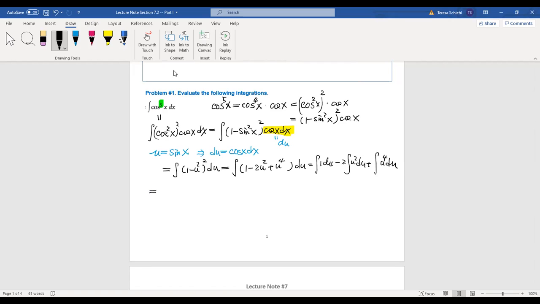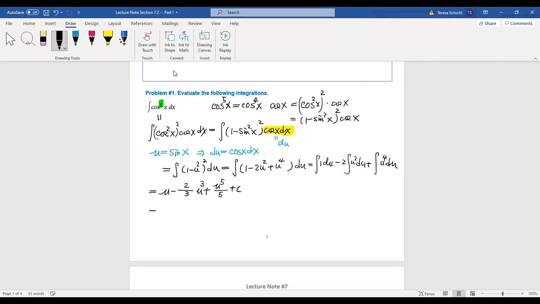Then this will just be the simple power rule, right? So this will be equal to u minus, 2 plus 1 is 3, so it's 2/3 u to the cube, then plus 1/5 u to the fifth plus c.